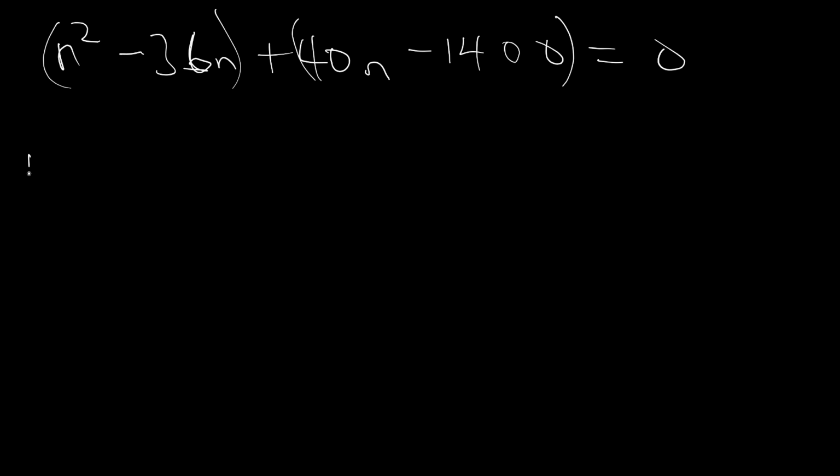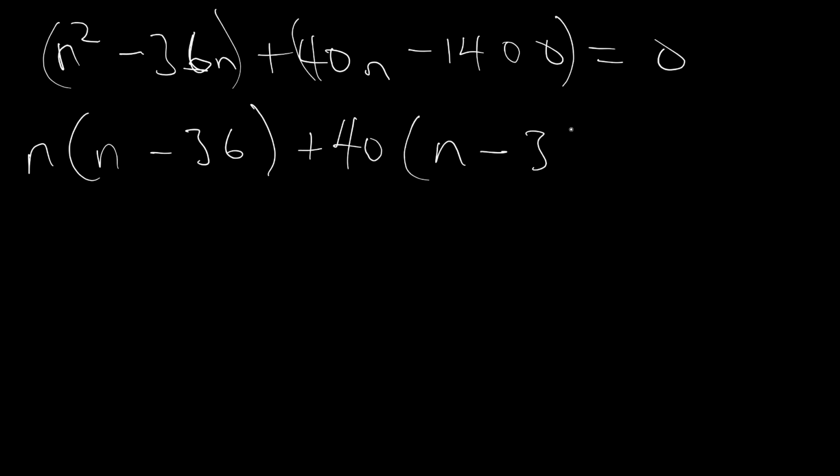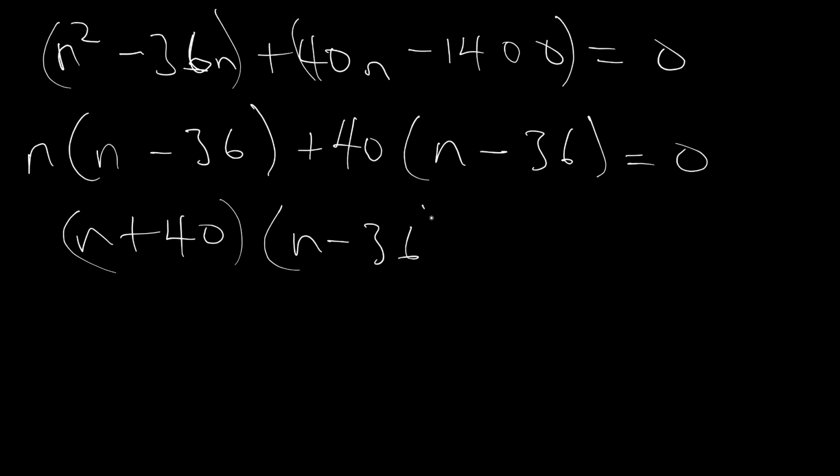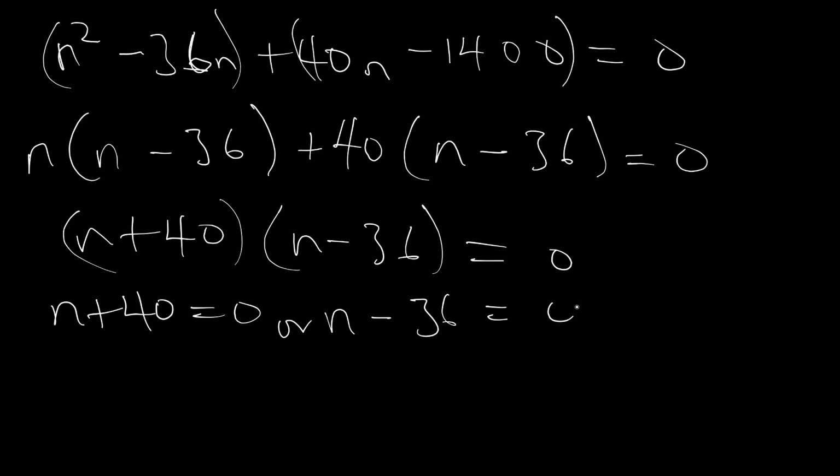Here we'd have N into brackets N minus 36 plus 40 into brackets N minus 36 equals 0. So we have N plus 40 in one bracket, then N minus 36 in another bracket equals 0. So N plus 40 is equal to 0, or N minus 36 is equal to 0.